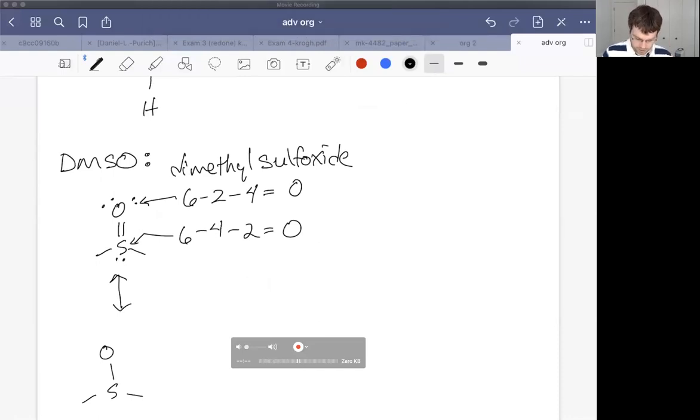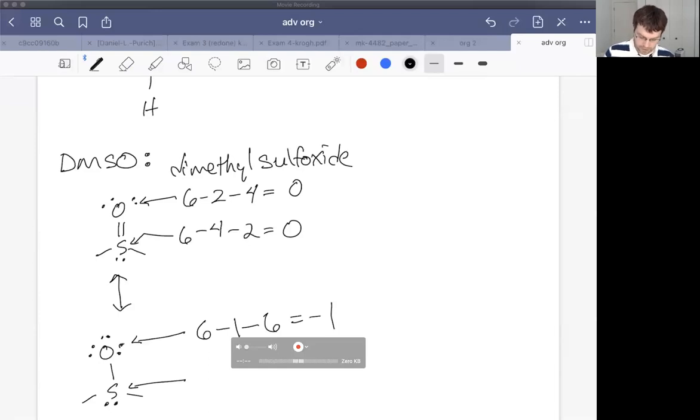Instead of having 2 bonds between oxygen and sulfur, we could have 1 bond where we push the electrons up and onto the oxygen atom. When we do that, the formal charge changes. For oxygen, we have a group 6 element still. We now have 1 bond, and we have 6 unshared electrons, giving us a -1 charge.